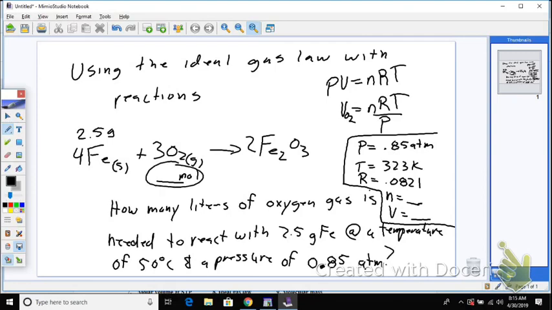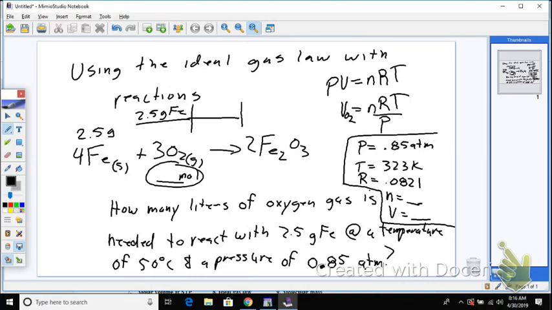All right? So then what we would do is we go 2.5 grams of iron. And down here I put the molar mass of iron, which is 55.85. And then I would do just a simple mole-to-mole ratio.